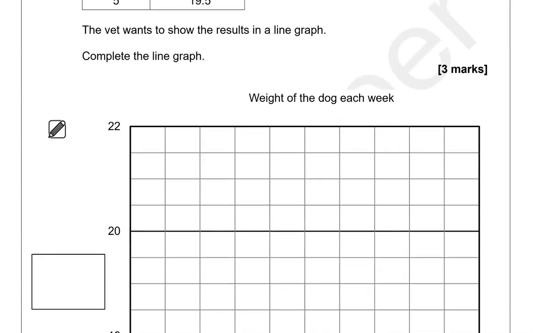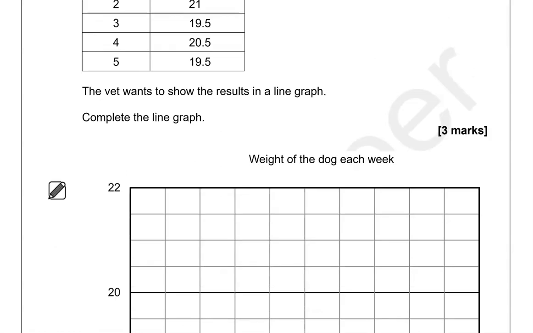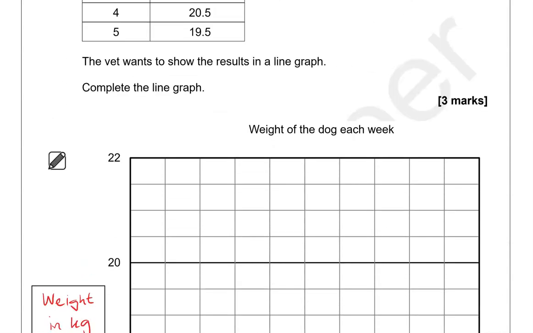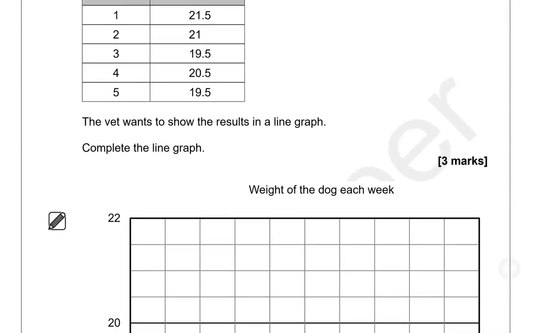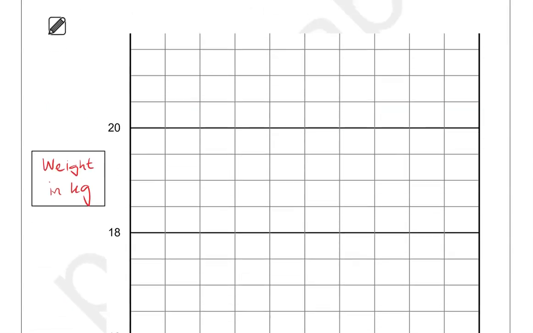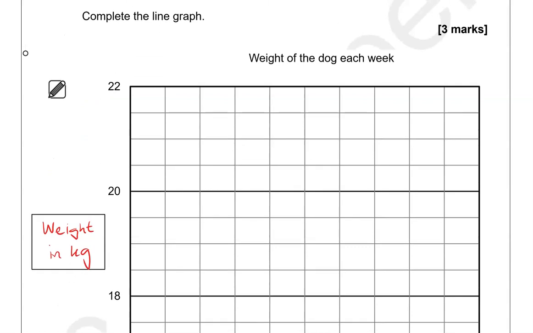And then we've got weight in kilograms. For week 1 that was 21.5. So between 20 and 22 will be 21, and then between 21 and 22 will be 21.5.